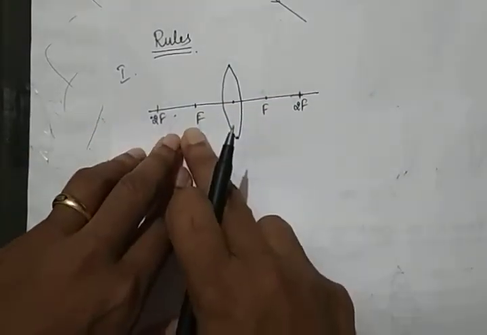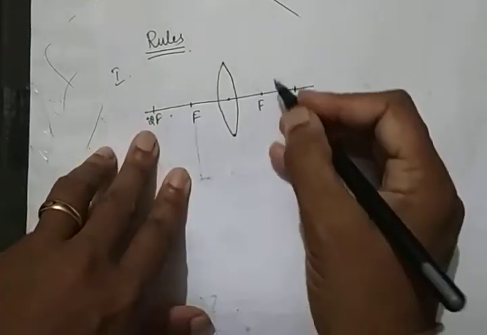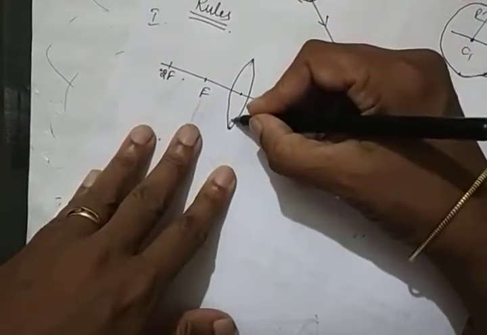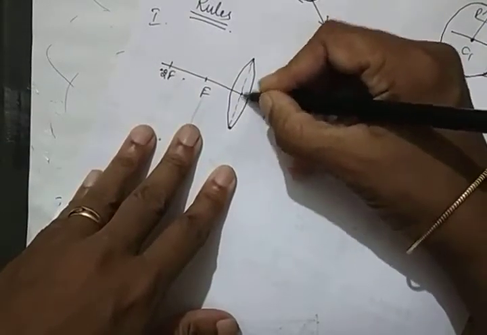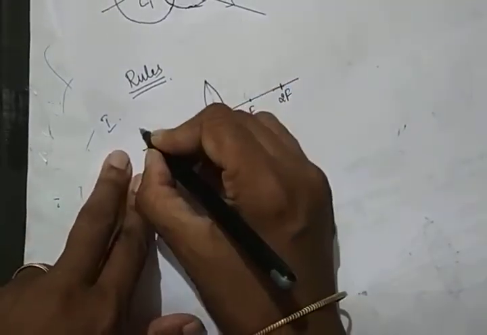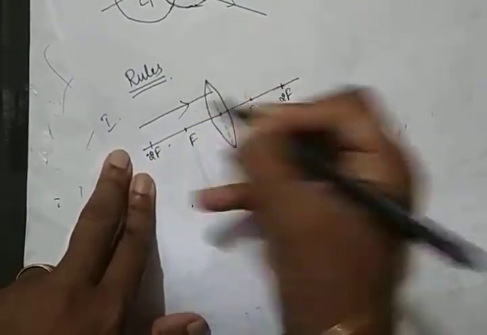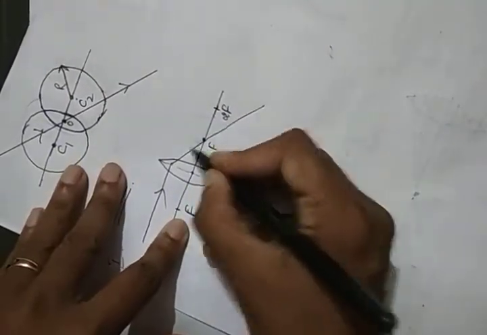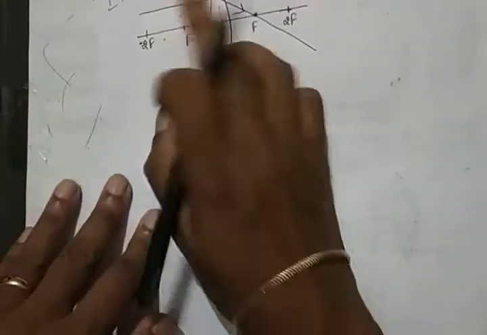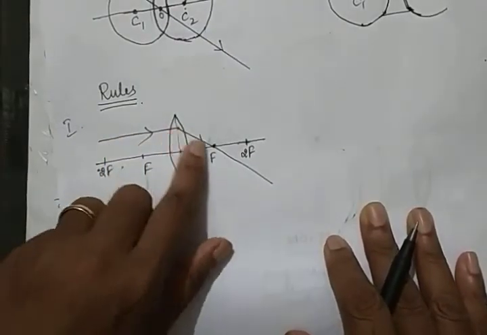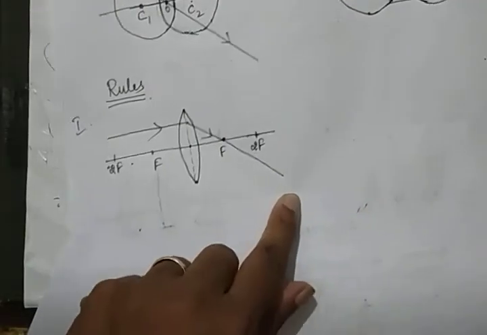So this is focus. Now first rule, always you can draw a dotted line from here. Refraction, the bending will actually happen from this middle line. Any ray parallel to the principal axis after refraction passes through the principal focus.